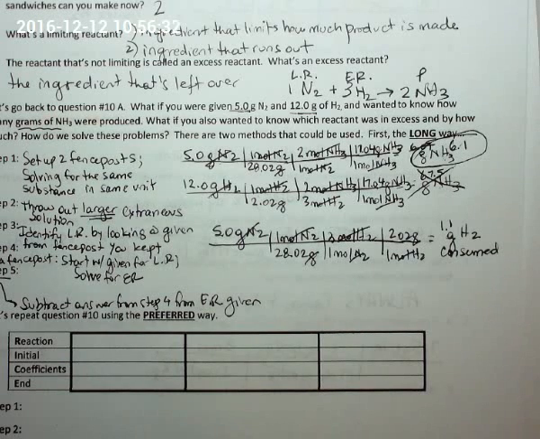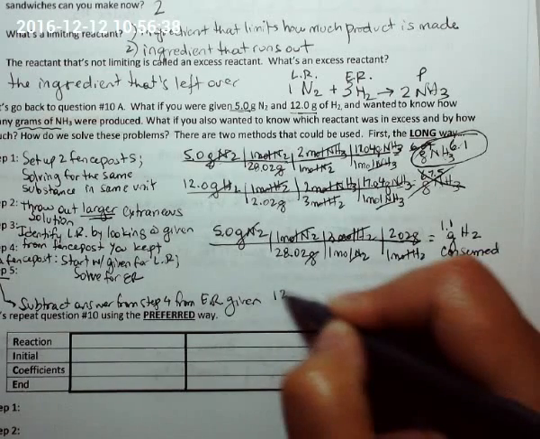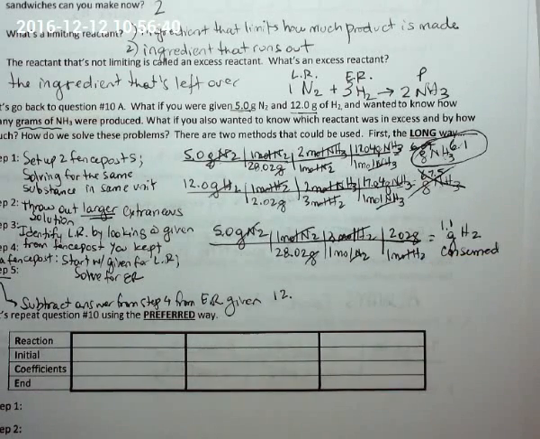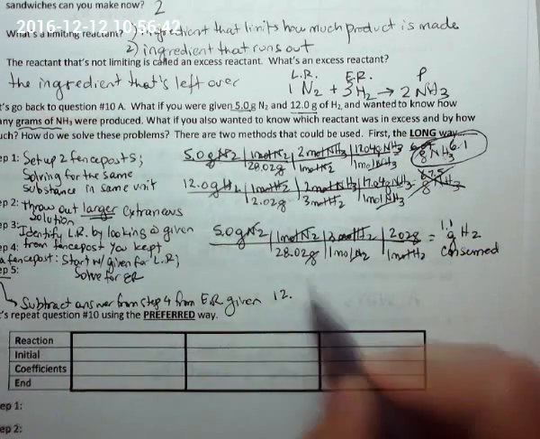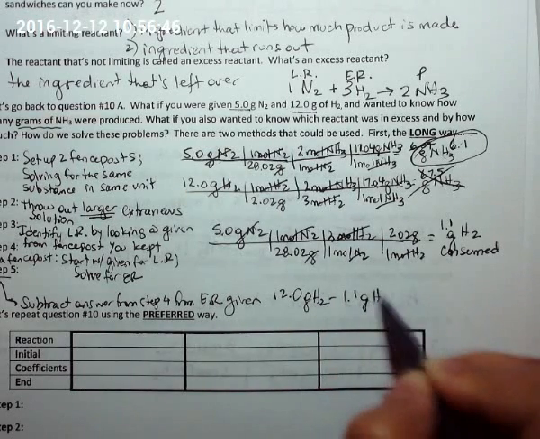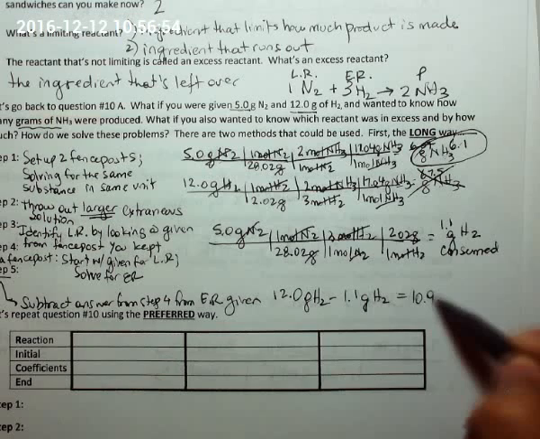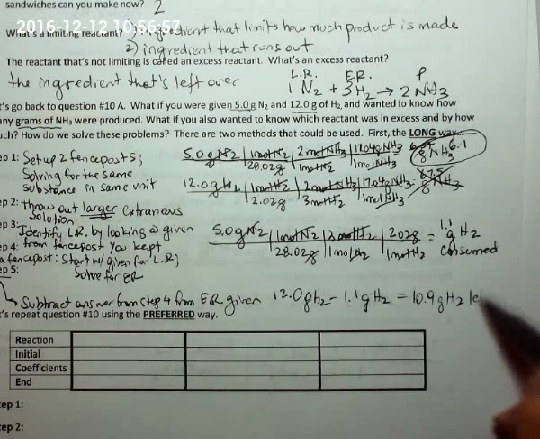All right, 12.0. So we've got 12.0 grams of H2. We're going to subtract from that 1.1 grams of H2, what I used. How much do I have in excess? 10.9 grams H2 left over.